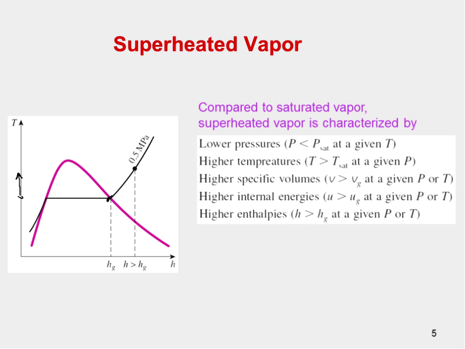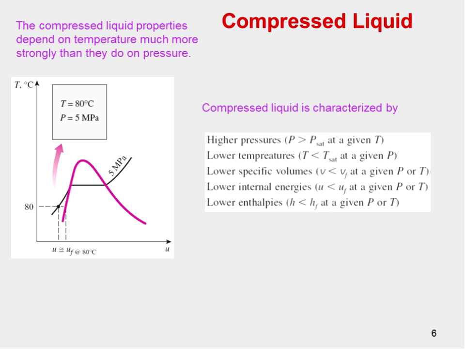and compared to saturated vapor, you can see here different properties, and just review those properties. This is taken exactly from the book, but basically you will have higher specific volumes, higher internal energies, higher enthalpies. So if you are at the compressed liquid, then you'll have something like this, and you look in different tables for these different properties.